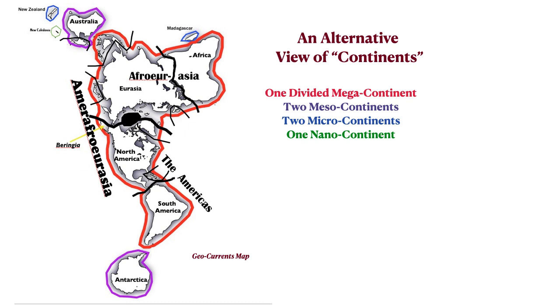I put some black lines across that showing that there are divisions, both physical and in other terms, but it's really one large land mass in the longer term view. And then Antarctica and Australia here I have as mesocontinents, and I've put in New Zealand and Madagascar as microcontinents, and I included New Caledonia as a nanocontinent because it's very distinctive, partly because its soils are so impregnated with nickel and other heavy metals that a variety of different plant species have evolved to survive those conditions.